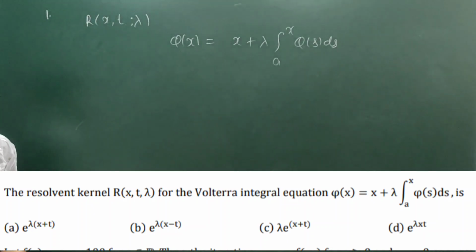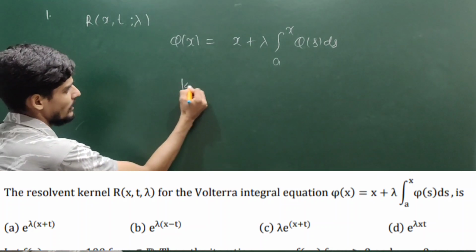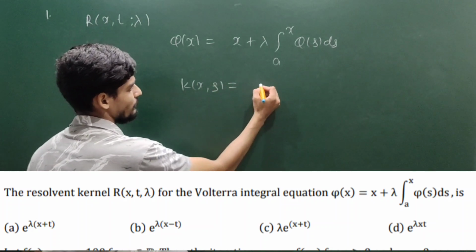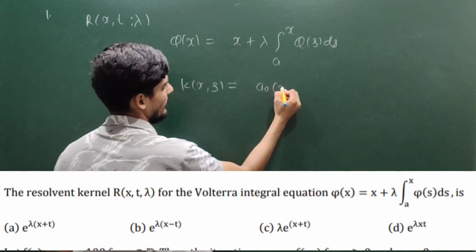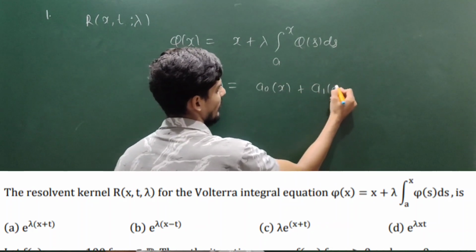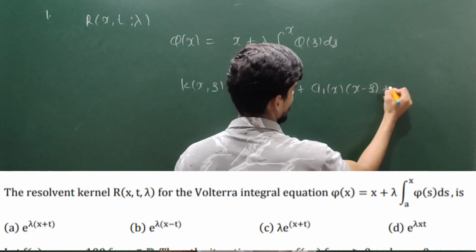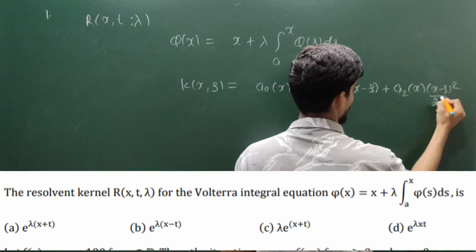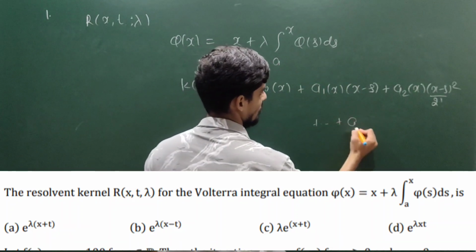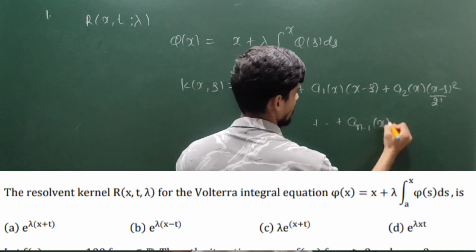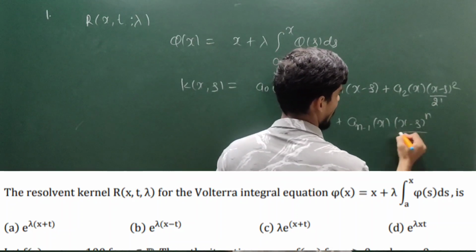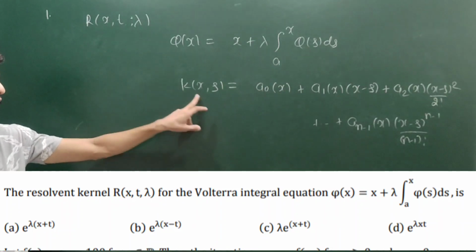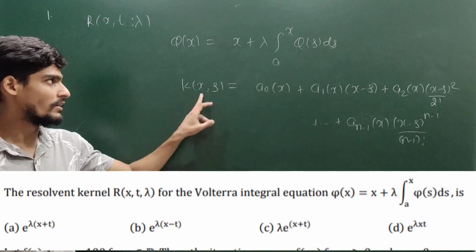With the other method, your kernel k(x, t), or k(x, s), is of the form a0(x) + a1(x)(x - s) + a2(x)(x - s)^2 / 2! + ... + a(n-1)(x)(x - s)^(n-1) / (n-1)!. This is another method, used when your kernel is of this special form.